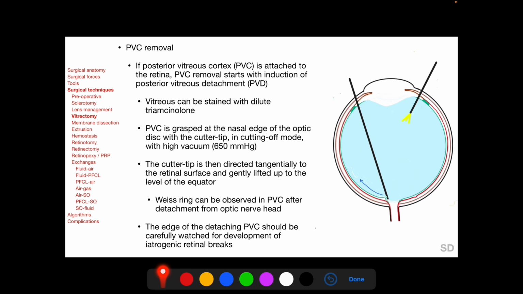After staining the vitreous with triamcinolone, posterior vitreous cortex is grasped at the nasal edge of the optic disc with the cutter tip in suction-only mode, applying high vacuum of around 650 mm of mercury. The cutter tip is then directed tangentially to the retinal surface and gently lifted up to the level of the equator, and the edge of the detaching posterior vitreous cortex should be carefully watched for development of iatrogenic retinal breaks.